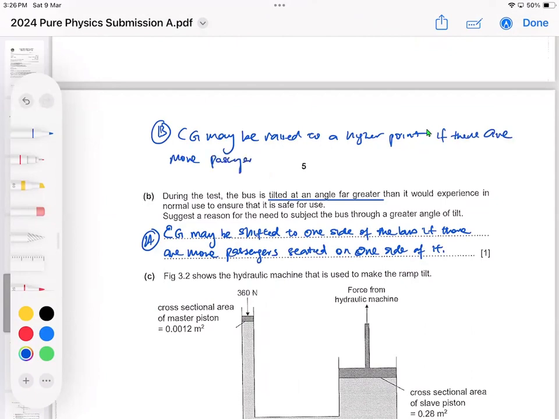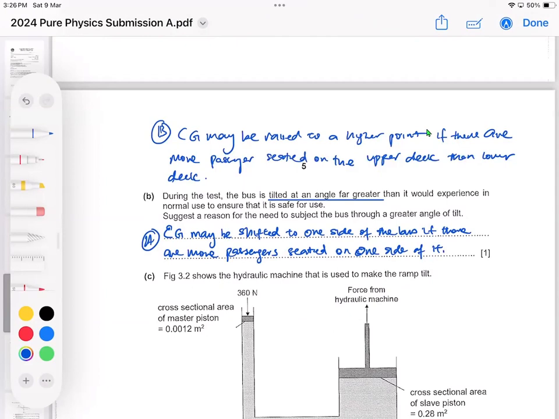More passengers seated on the upper deck than the lower deck. So again, this causes the CG to shift higher. And in order to see how dangerous this higher CG will be, again the simulation can be done by raising the angle. Okay, so this is the reason why we want to raise the angle.